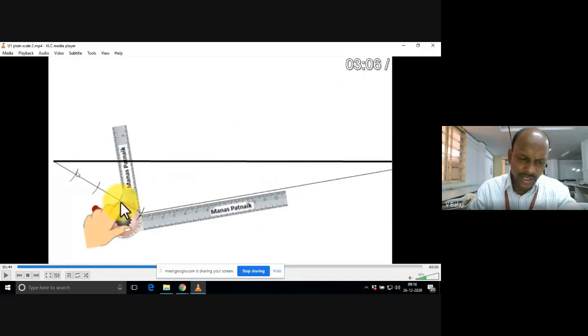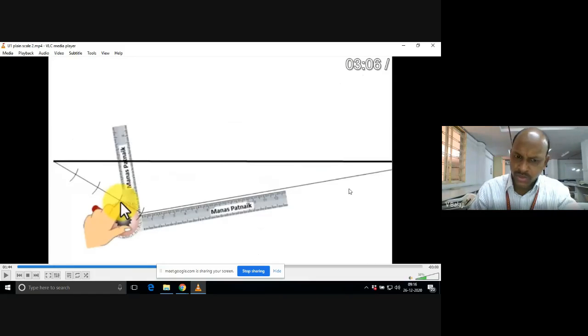You can set your compass to any radius, but you should draw 4 equal radii. The distance between this arc and this arc must be the same. That is the concept behind the line division method. If you take equal arcs here, you would get equal parts on the given line.